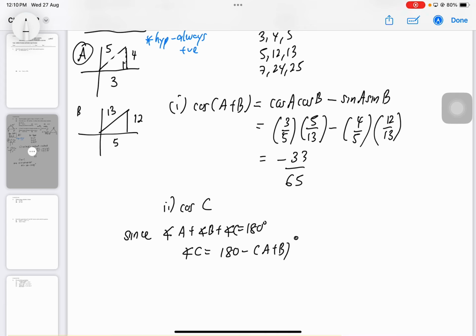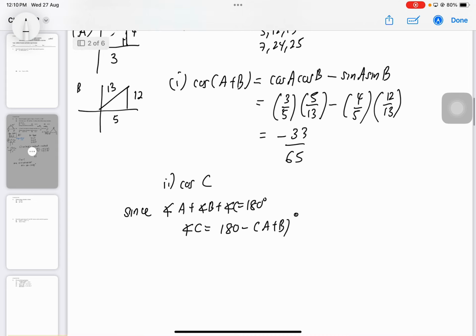Angle C will be 180 minus A plus B. And do you notice your supplementary angles here? Okay, if you look at your notes in chapter 9, there is one part. They'll tell you cosine of this value will give you a ratio. Okay, so therefore, cos C will be cosine 180 minus angle A plus B, square bracket.